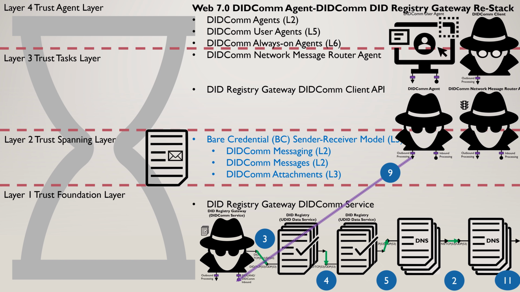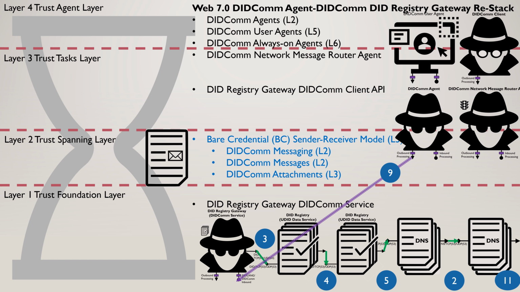And then if we look at the agent in the bottom center there, the DIDComm DID registry gateway, it's in the foundation layer where it belongs. And then to the right of that is the chain of 2 DID registry servers and the 2 DNS servers. And they use DNS forwarding to pass unresolvable requests.